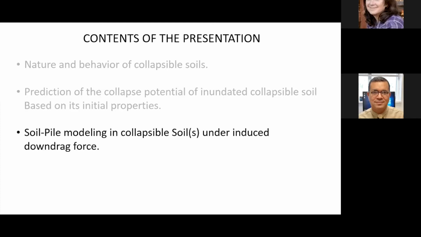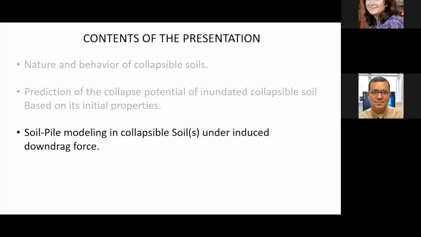The third element of this webinar today, we would like to establish a soil pile modeling for the collapsible soil. In this case, we will be able to monitor and measure the negative impact on the axial loaded pile. What negative impact are you going to have? You are going to have an additional, hidden force that's going to act axially on the embedded pile in collapsible soil once this soil is inundated.